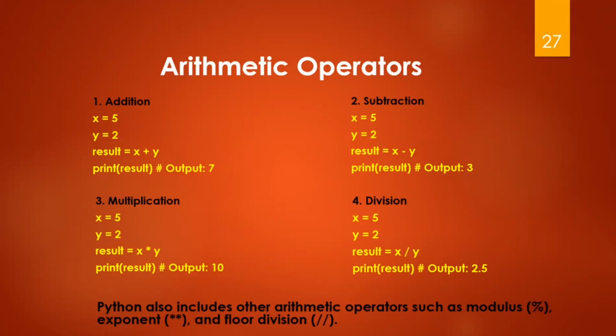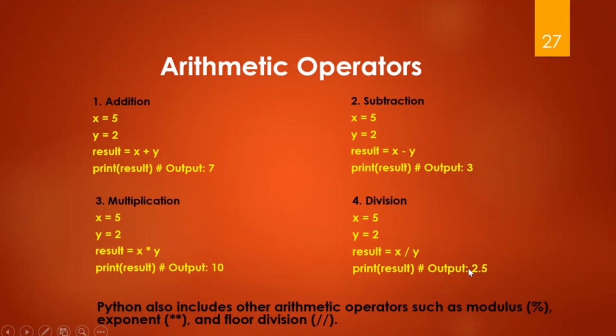For example, for addition, let's say in one variable we took 5 and in the other 2. If we write x plus y and print the result variable, it will give the output 7. Similarly for subtraction, x minus y gives 3. For multiplication we use star, the product of the 2 values x and y gives 10.